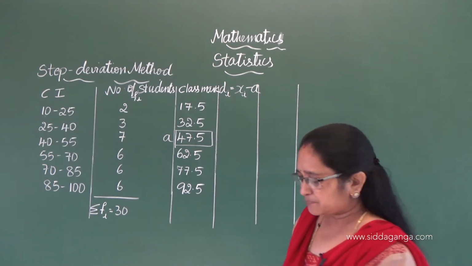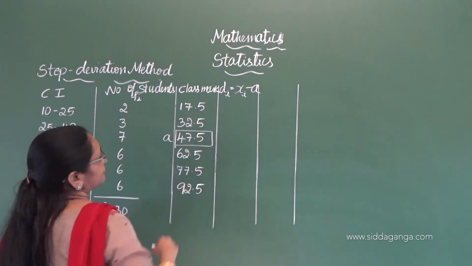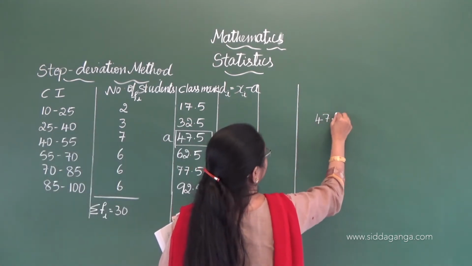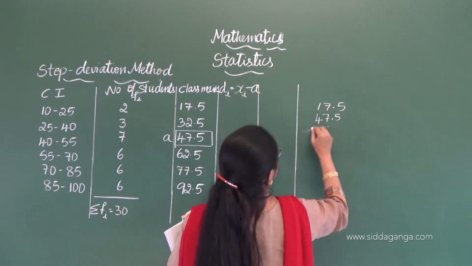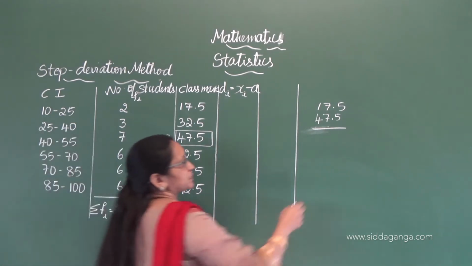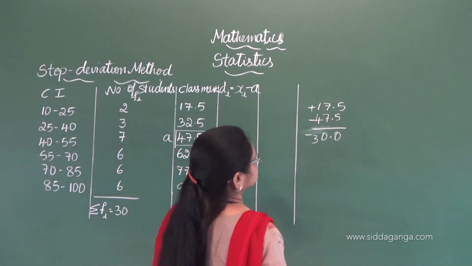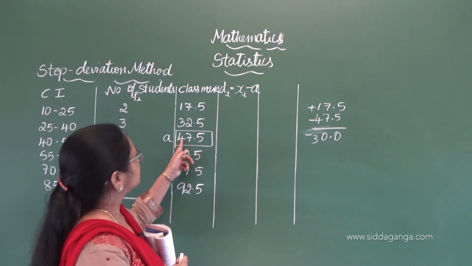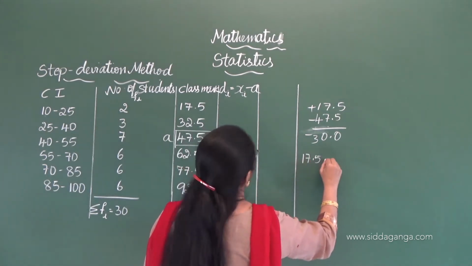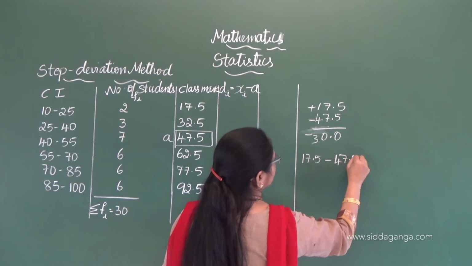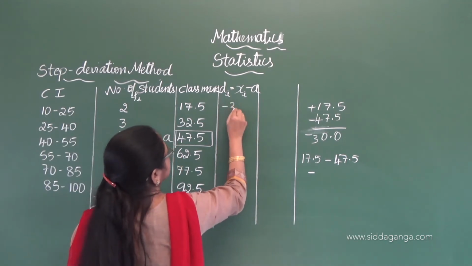So I'll refer to the table. 17.5 minus 47.5: because the greater number's sign is minus here, we get minus 30.